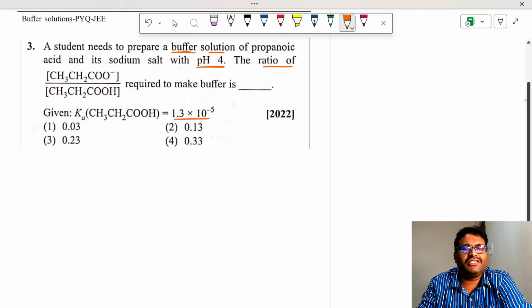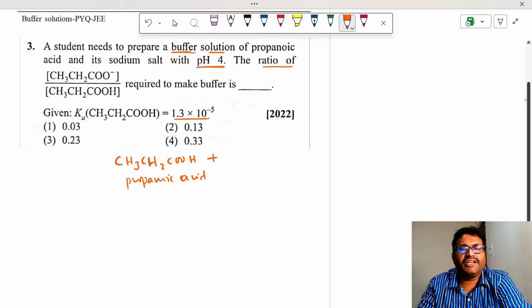Propanoic acid, CH3CH2COOH. What is this? Propanoic acid, prop meaning 3 carbon atoms, a carboxylic acid. When it reacts with NaOH, what do you get? CH3CH2COONa plus H2O.